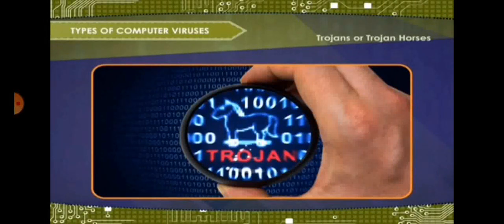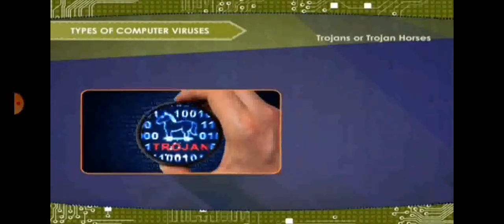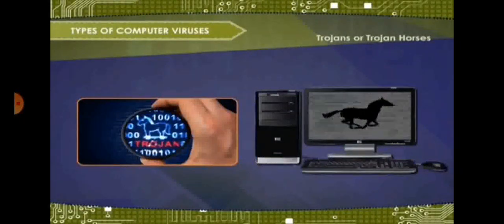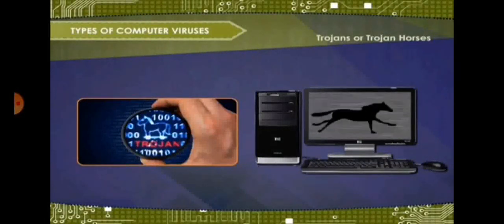A Trojan horse enters a computer system because the user installs it under the wrong impression that it is a useful and harmless program. When a Trojan horse is activated, it typically changes existing desktop icons or creates new ones. It may also delete important system files. Its main aim is to steal sensitive information stored on the infected computers.